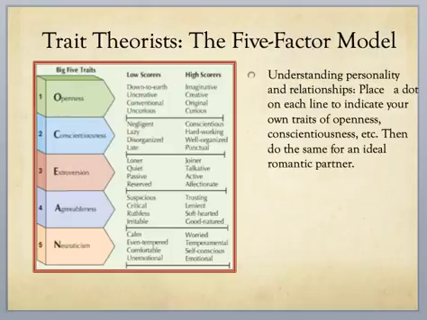And then comes agreeableness. So this talks about an emotional style of the person. Are they easygoing? Are they friendly? Are they pleasant? That's going to be a high end of the scale. If they're grumpy or crabby or hard to get along with, that's going to be at the lower end of the agreeableness scale. And then neuroticism. So this is the emotional stability or instability of the person. Do they excessively worry? Are they overly anxious?